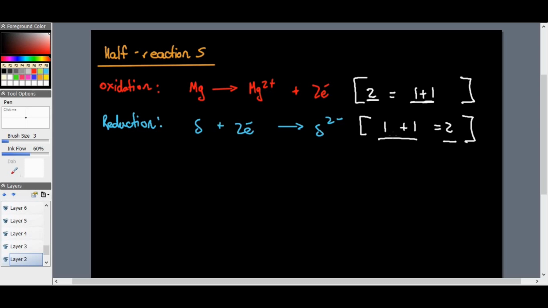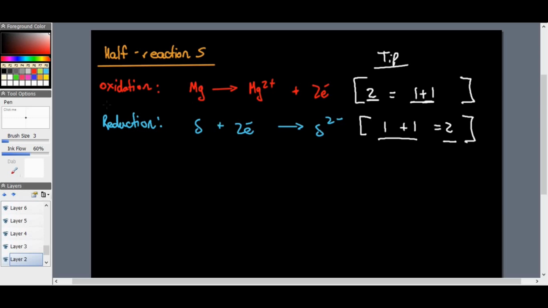But for reduction, it's a simple, straightforward 1 plus 1 equals 2. Boom. Two things coming together to get something new. Oxidation, something was breaking apart: 2 is equal to 1 plus 1. 1 plus 1 equal to 2. This is just a tip. You can use it, or you don't have to.